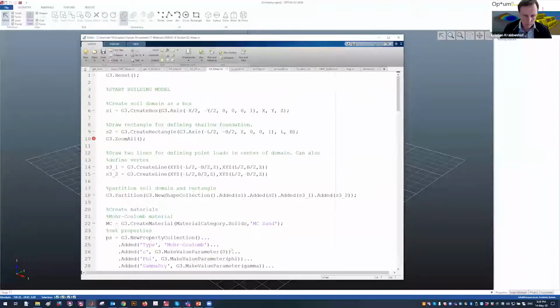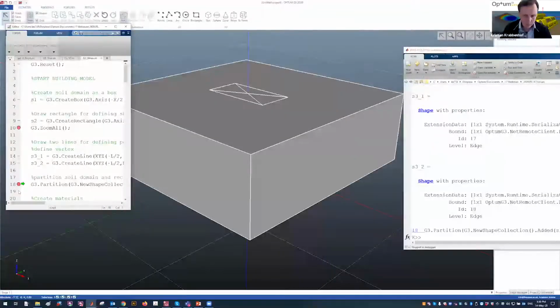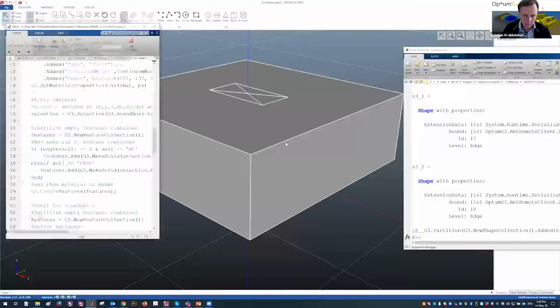Let me see if I can change that. Then create some materials, apply materials, and so forth. First create the material, specify the materials, and then we apply those materials. So we've selected now, and the soil material has been applied.